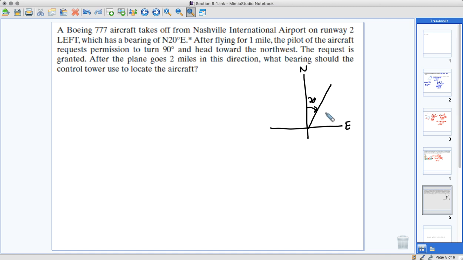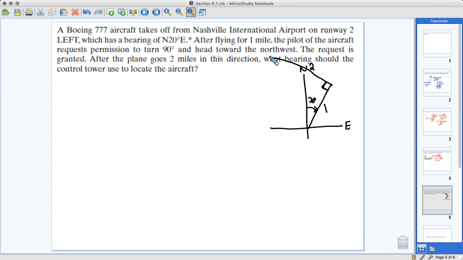After flying for a mile, so distance is a mile, the pilot requests permission to turn 90 degrees and head northwest. So we're going to head this direction, and that's a 90-degree angle. The plane goes 2 miles in that direction. What bearing should the control tower use to locate the aircraft?